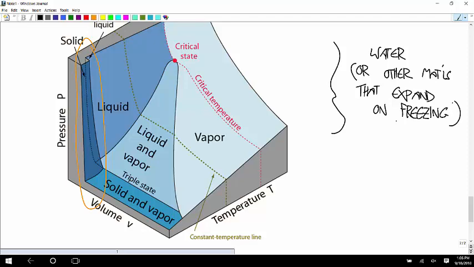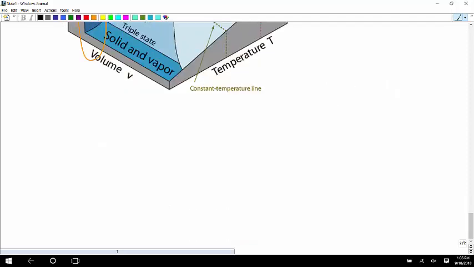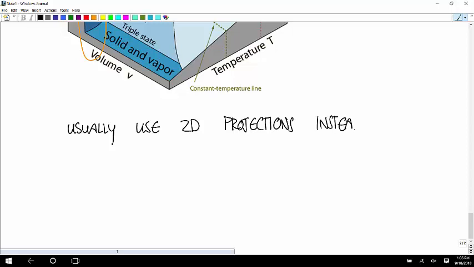As I demonstrated, reading these three-dimensional curves is tricky. And so usually we look at projections of these. Usually we don't use the three-dimensional versions. Usually we use the different two-dimensional projections, instead of the 3D surface.